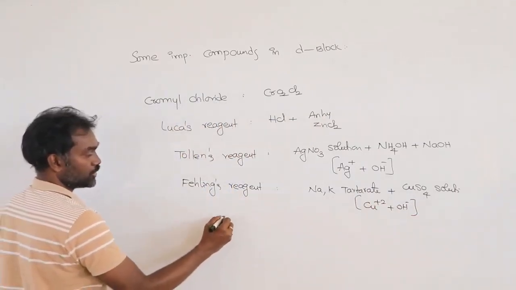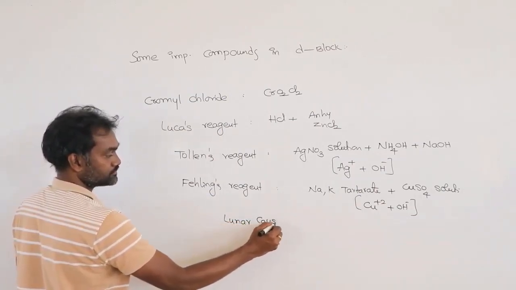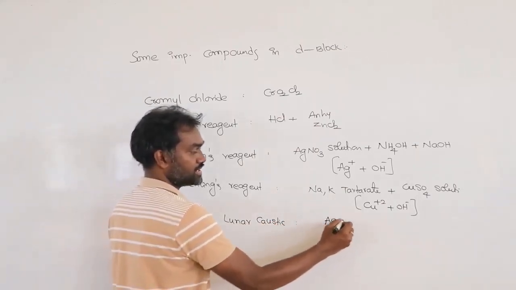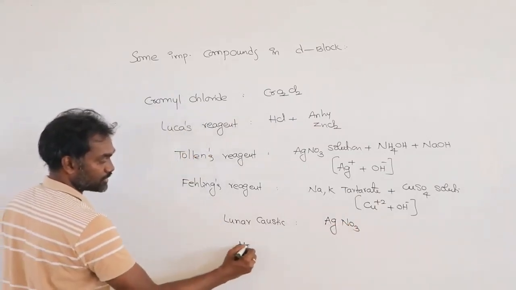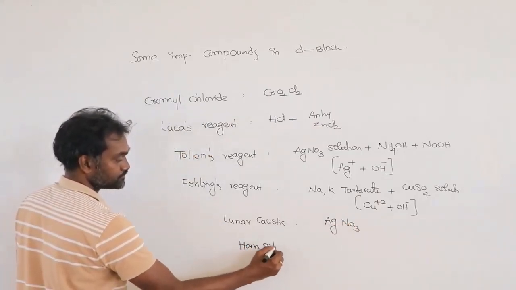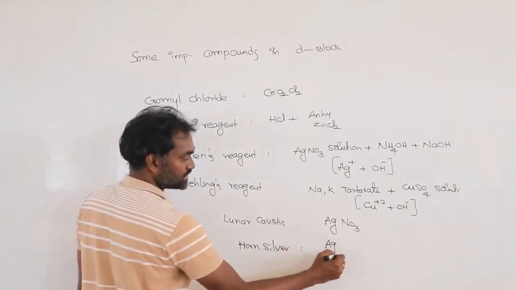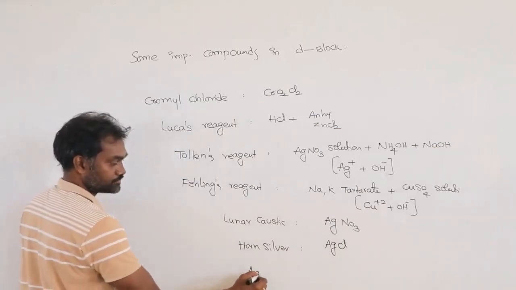Next, lunar caustic. So lunar caustic, that is AgNO3, silver nitrate. Horn silver means AgCl. Next, amalgam.